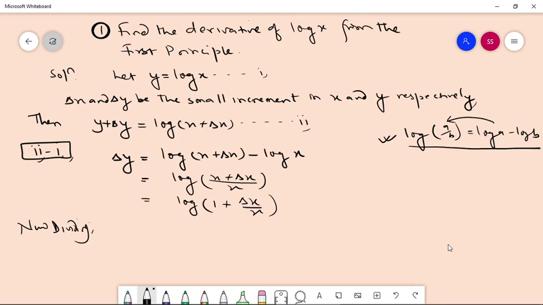Separating these two terms, x by x gives 1, plus del x by x remains the same.